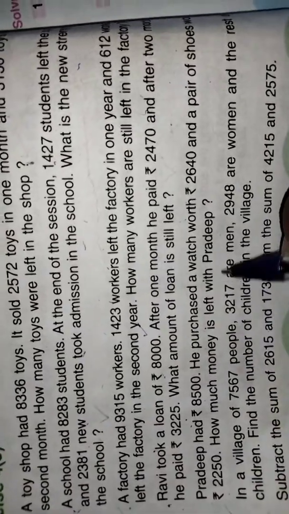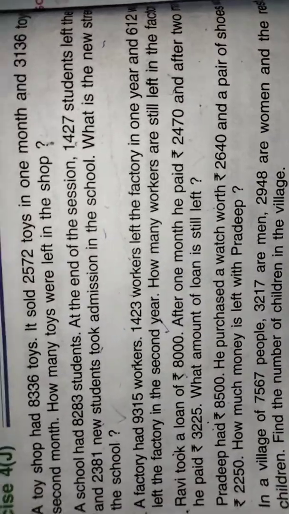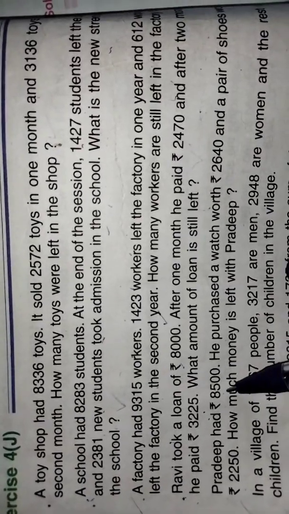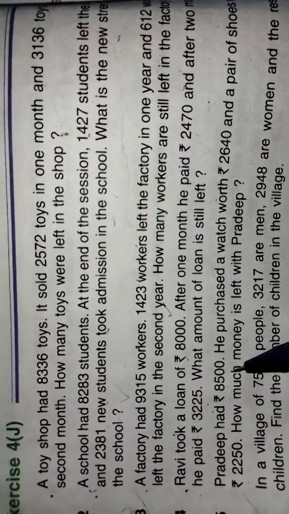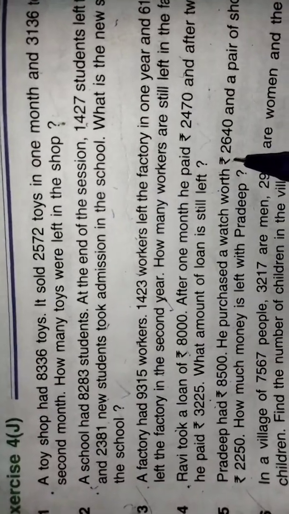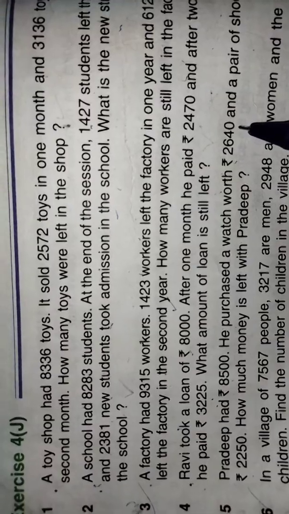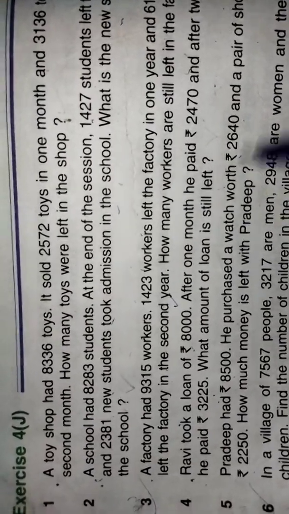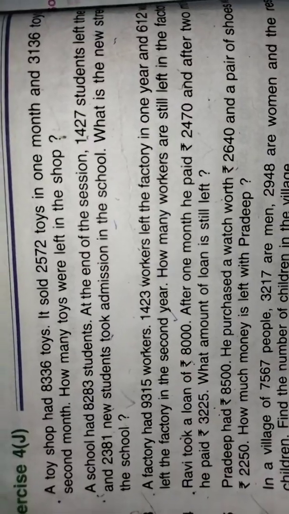Then how much money is left with Pradeep? Okay, that we have to remove. Pradeep had rupees 8,500. First he purchased a watch, 2,640. First you have to do this subtraction. Okay, then we have to go for the solution.